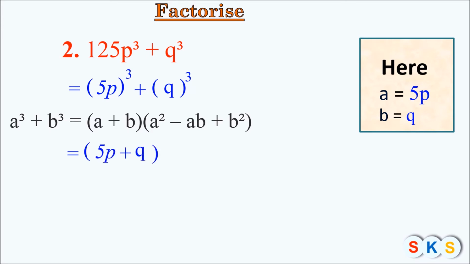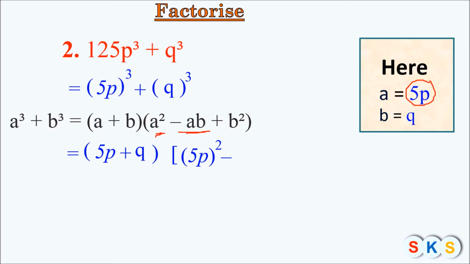Close the bracket. Now we will substitute the values of a and b in the second bracket. The first term of the second bracket is a square, and what is the value of a? You can see in the box it is 5p. So we will get 5p the whole square minus, what is the second term over here? It is ab, which means a into b.